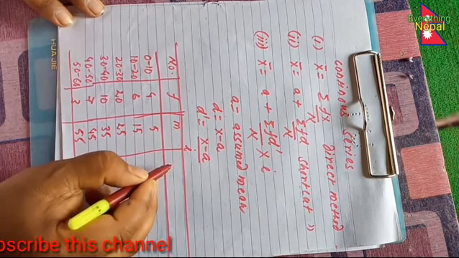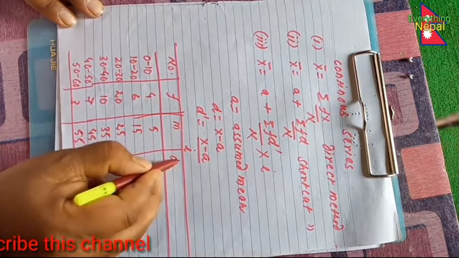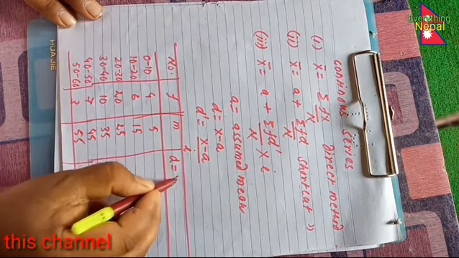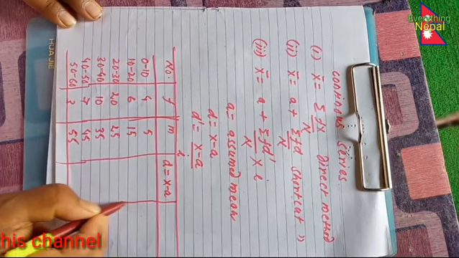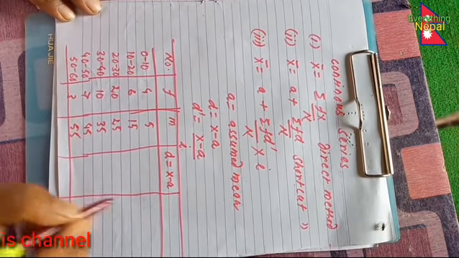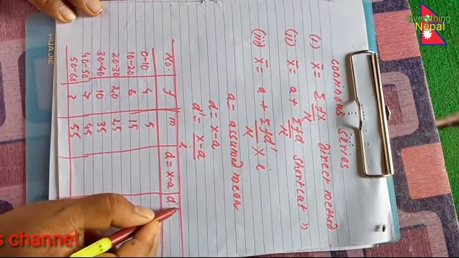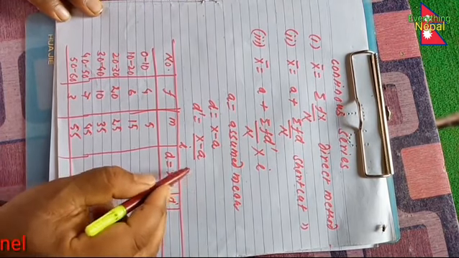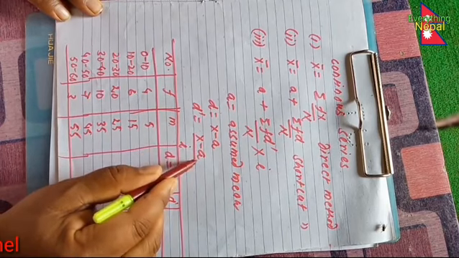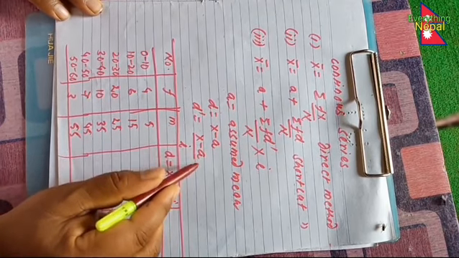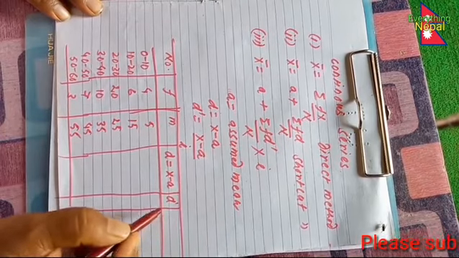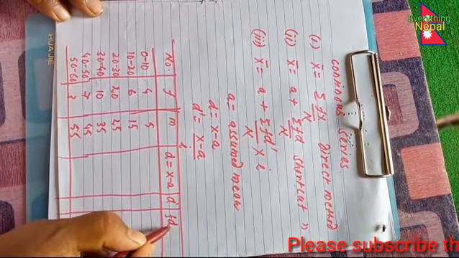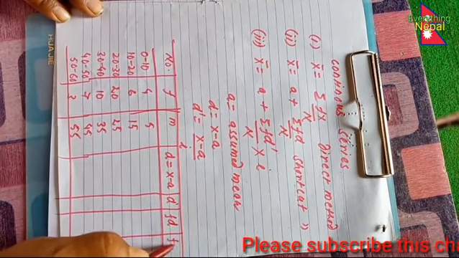And now D becomes x minus a. Similarly, D prime, as we have told earlier, is x minus a by I, so it is known. Now fd and fd prime.